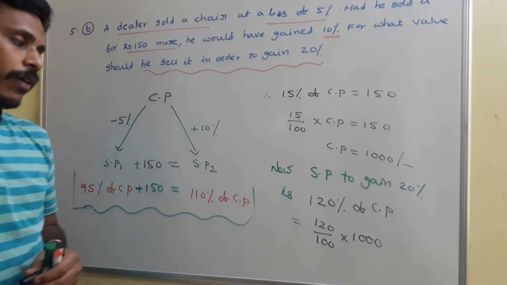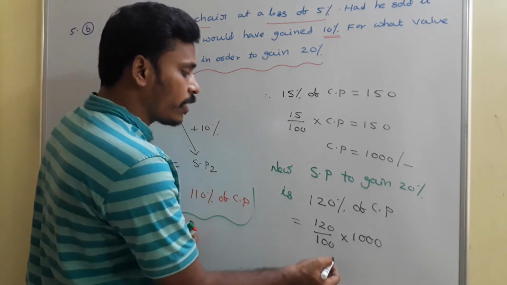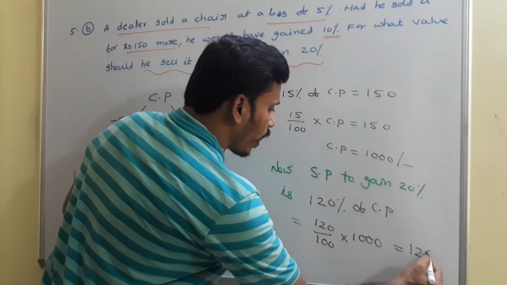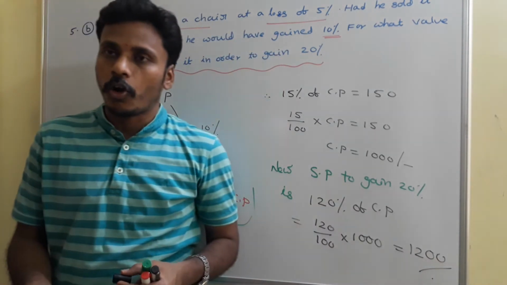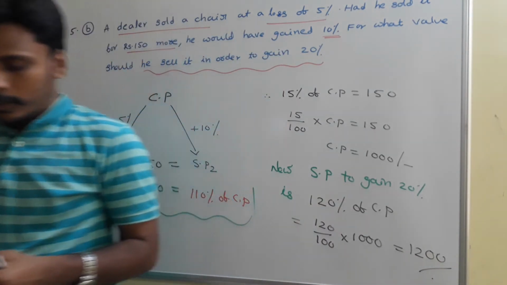We need to simplify. So 2 zeros get cancelled, and then you get 1200 rupees, and that is the selling price to gain a profit of 20%. Just go through the problem.